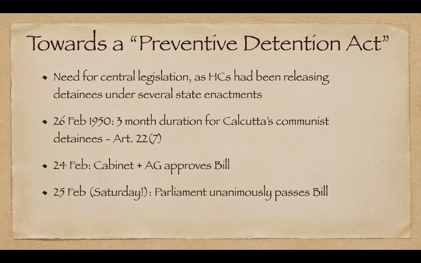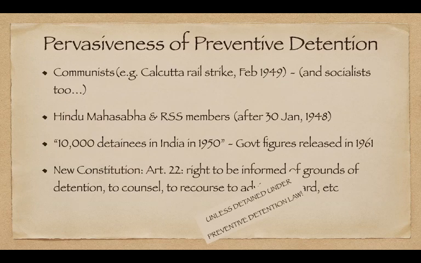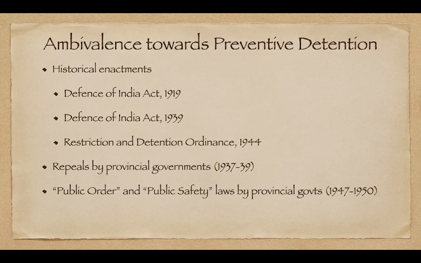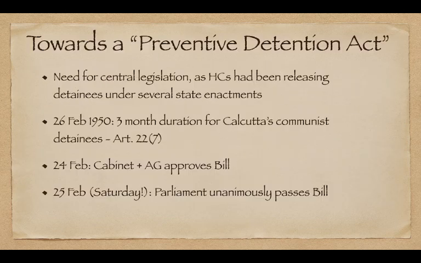There was a need for a central legislation because high courts had begun releasing detainees under state enactments as well. Not only had several high courts found the presidential order to be unconstitutional, but there had been several state enactments, as I had mentioned in the earlier slide over here. Public order and public safety laws by provincial governments, 1947 to 1950 are the ones that I'm talking about.